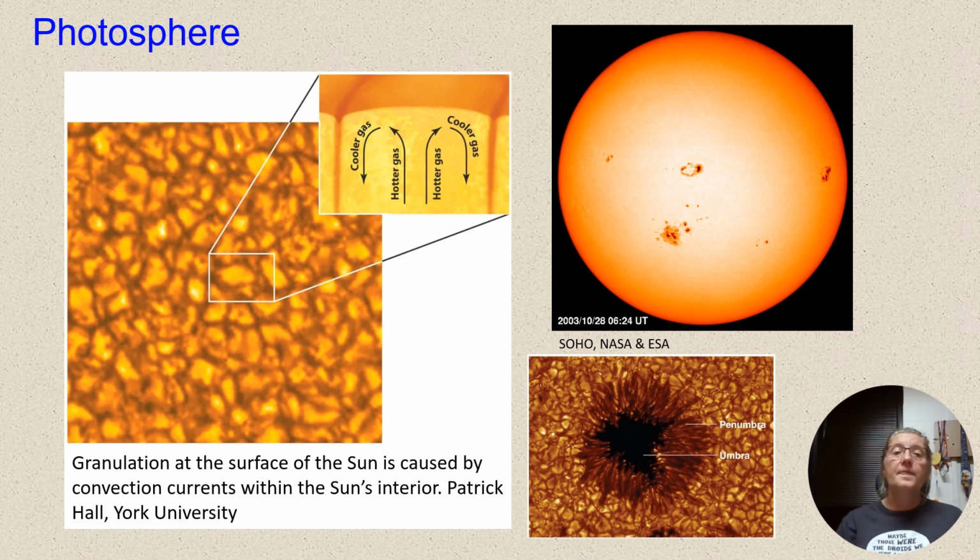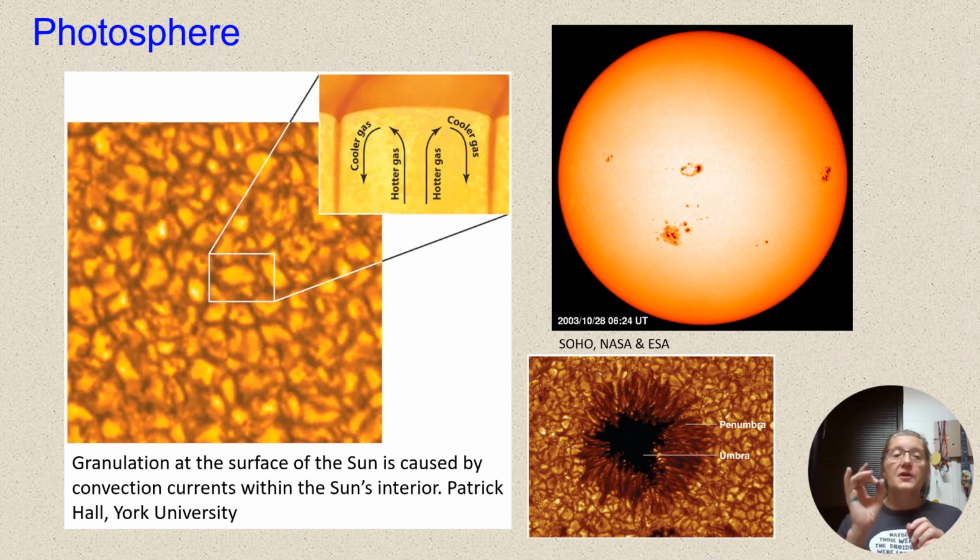Now, the image below is a sunspot, okay? It's a sunspot under high magnification. And as we were talking about, the darker, cooler regions sink in the granulation. You see the center of a sunspot is dark. All right, there are two regions to the sunspot.